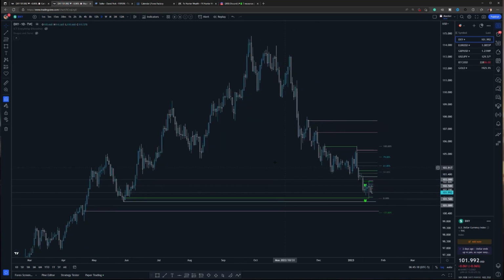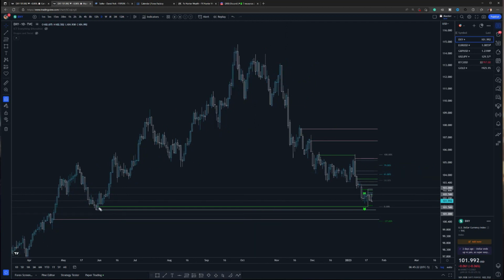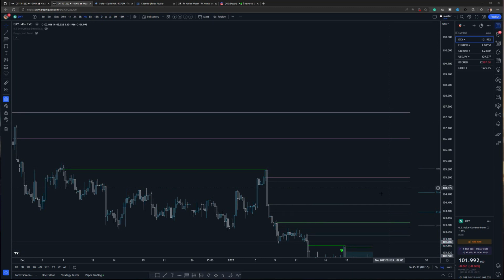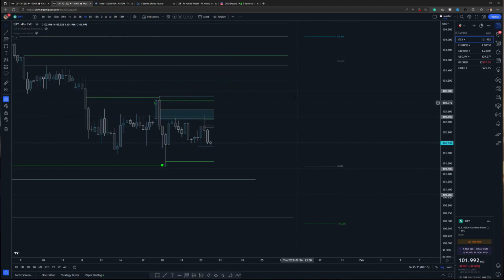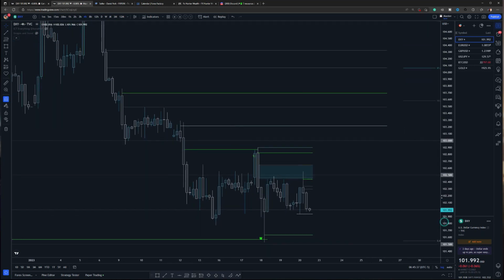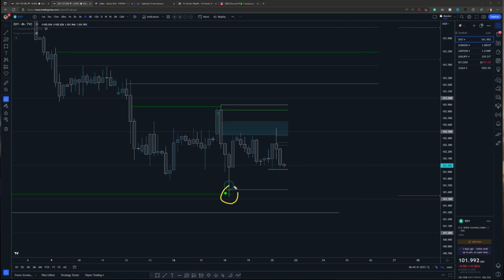So how could it play out? It will be very interesting, because I think that this level and the liquidity below it started to play last week. If I make it a little bit bigger, we are now on the 4-hour time frame. What we can see in here is that the price touched this level.